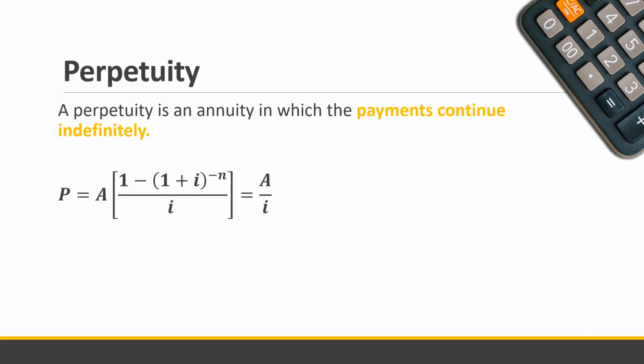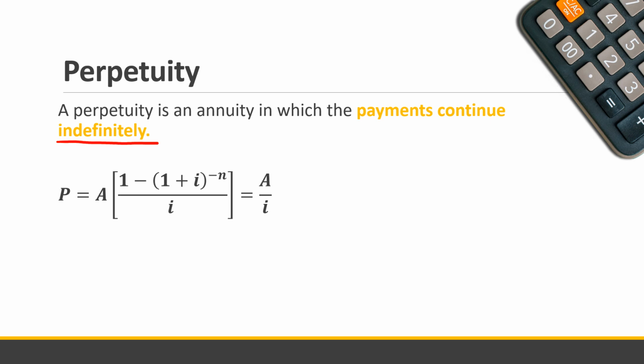So last is perpetuity. A perpetuity is an annuity in which the payments continue indefinitely. So parang walang katapusan yung annuity.